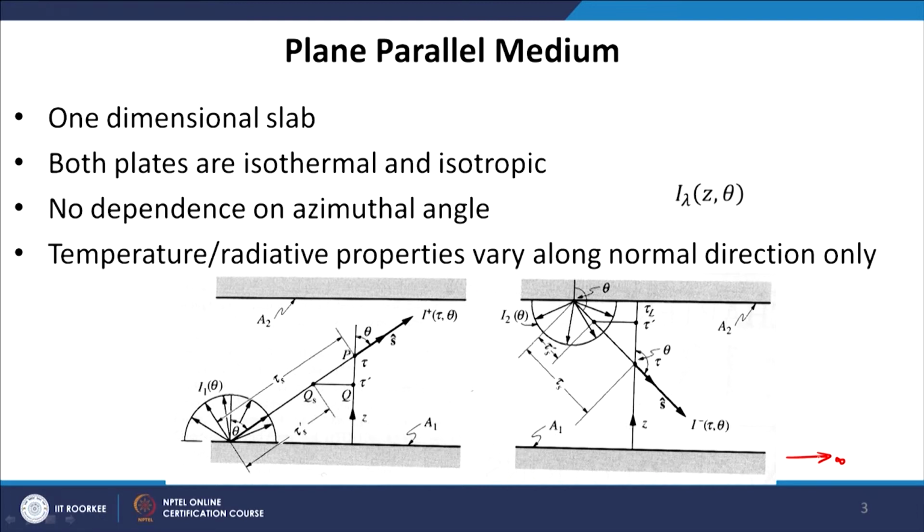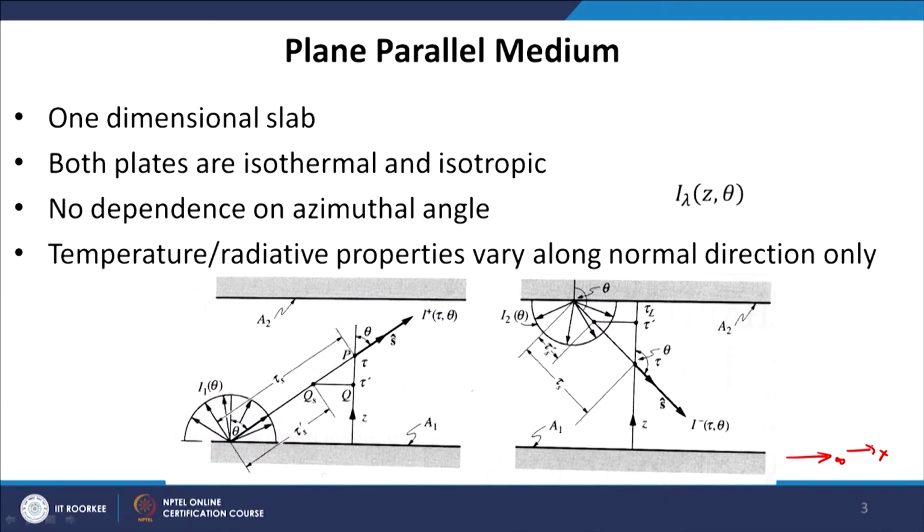Now, the 2 plates that bound this medium are isothermal and isotropic, that means anywhere on the plate the properties are the same, that means emittance of the surface is not a function of the x coordinate. So, plates are isotropic, the emittance also does not depend on the location, it also does not depend on angle. So, we have a diffuse surface.